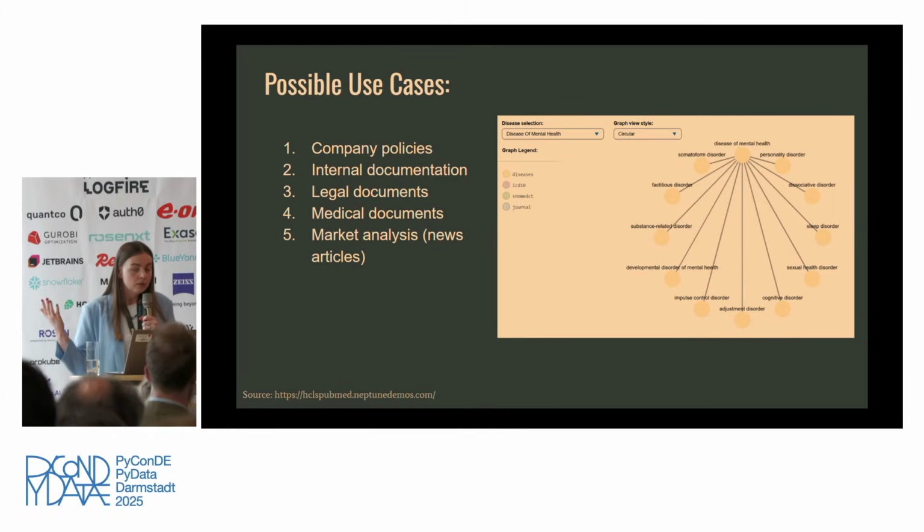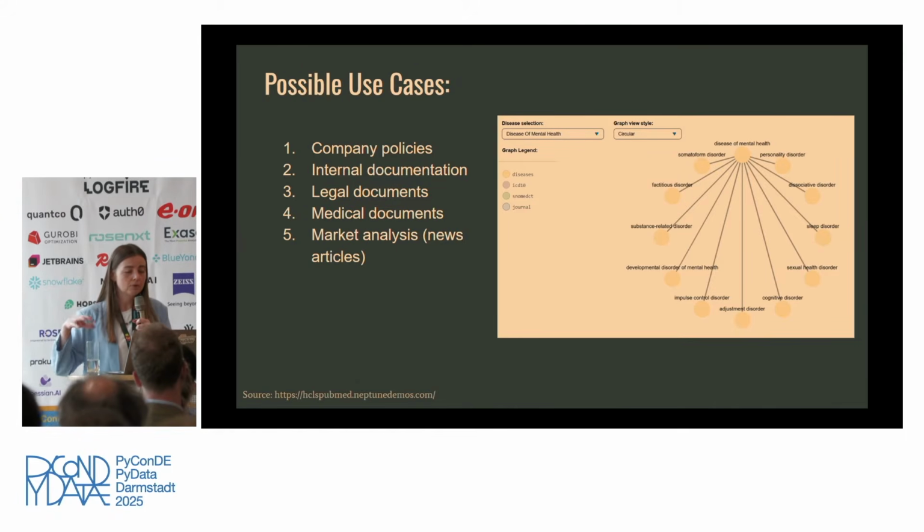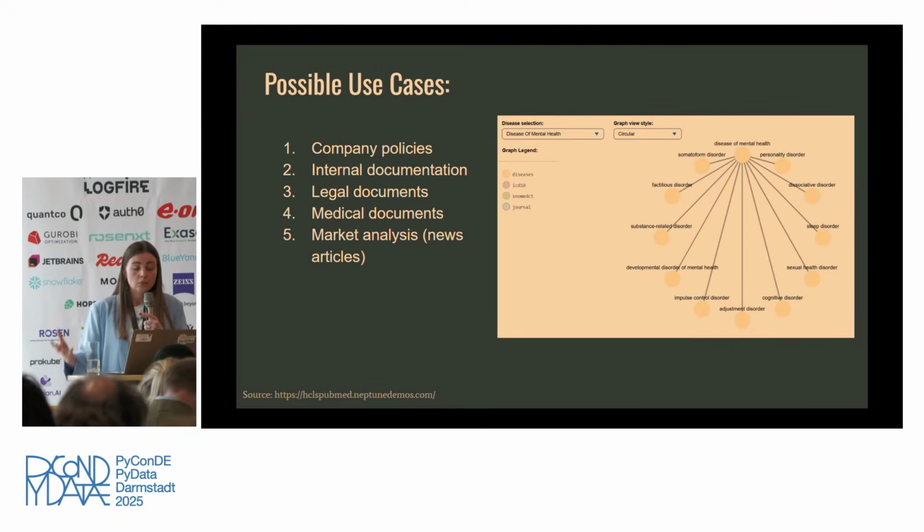And I was talking about the legal domain, but there are a lot of possible use cases. You can imagine a vast amount of unstructured data that can be linked together somehow, like company policies, internal documentation, legal documents, or medical documents.